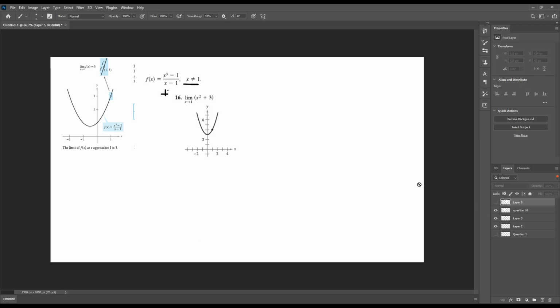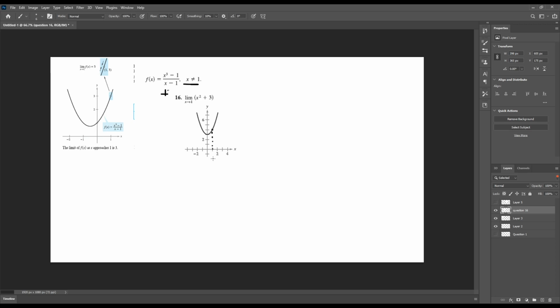So let's go for question 16. Now we just have to find the limit for this equation. One simple way is we can already see the dot right here.